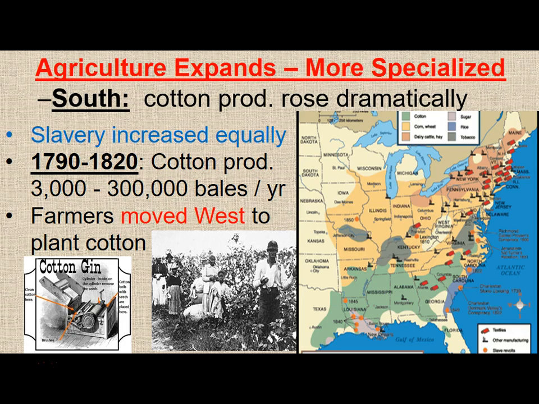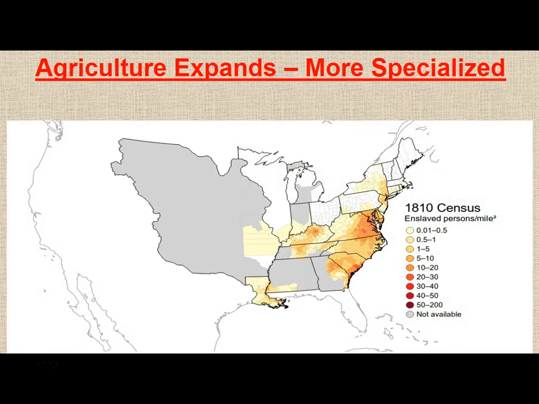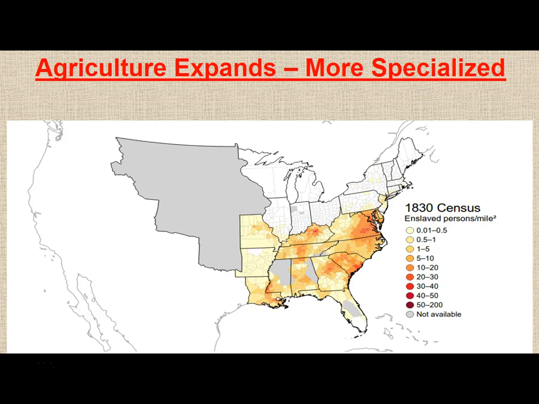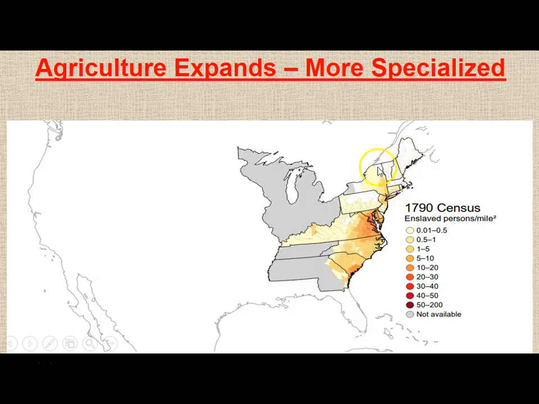And slavery expands and grows significantly because of this. This map shows that growth of slavery, but at the same time there's such a specialization in the North.